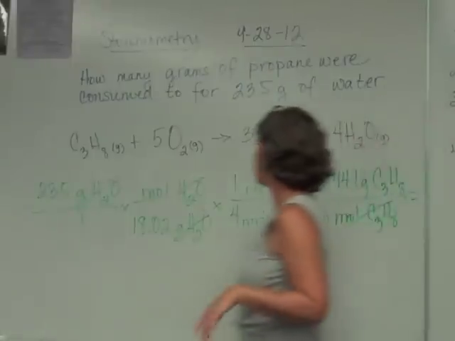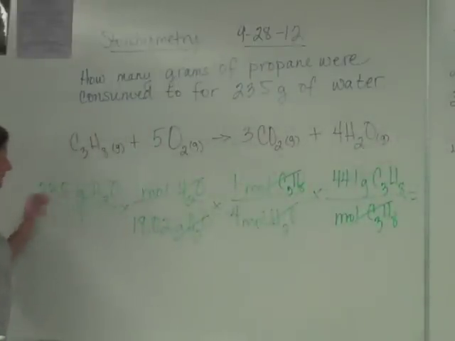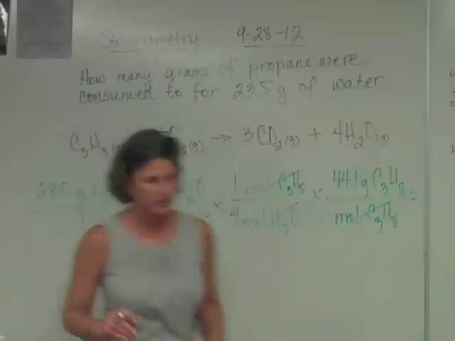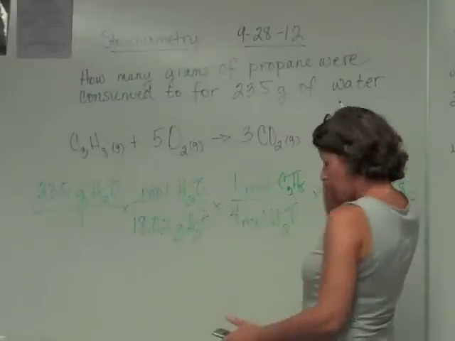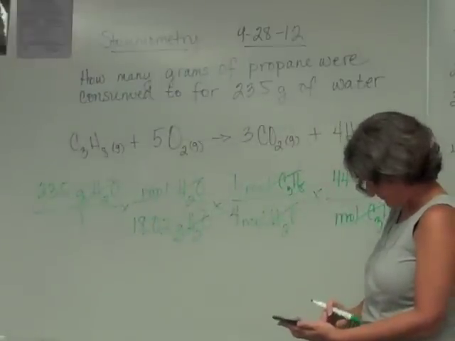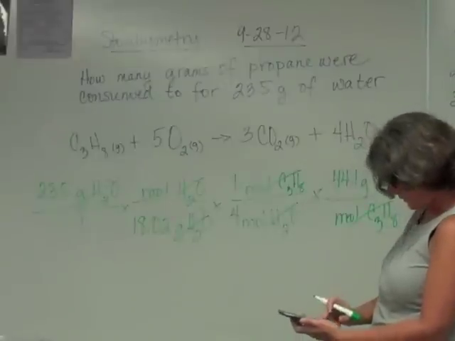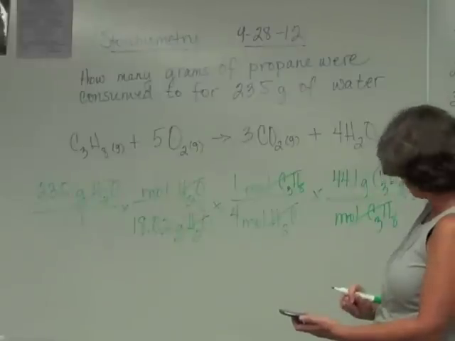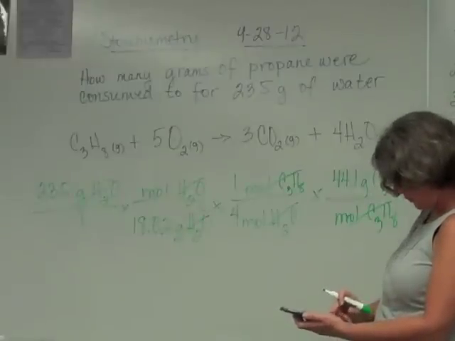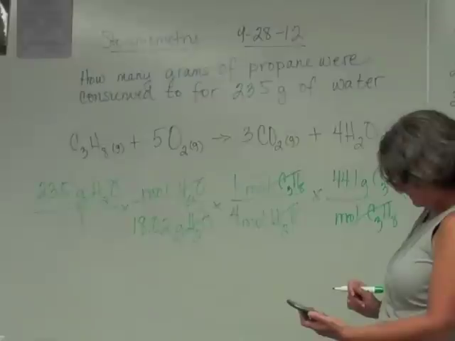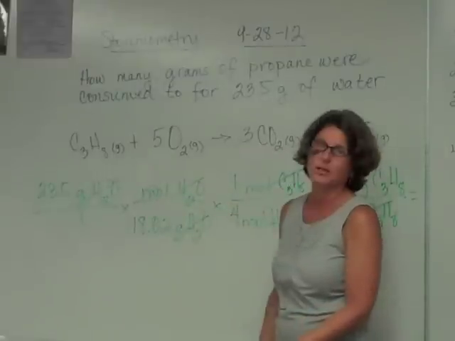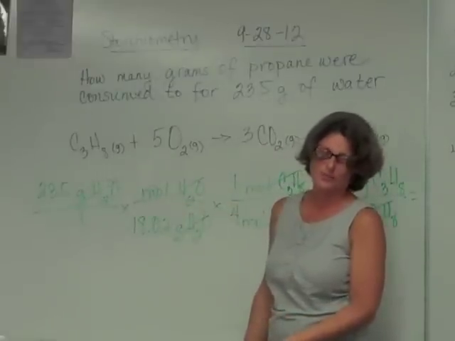And so now I just need to do a little math. 23.5 divided by 18.02 divided by 4 times 44.1 equals, how many sig figs? I've got 3. Oh, I don't want to lose my answer in the lights.